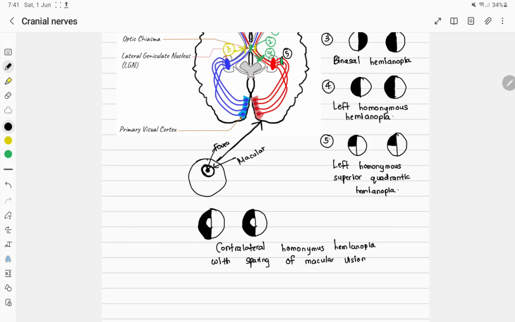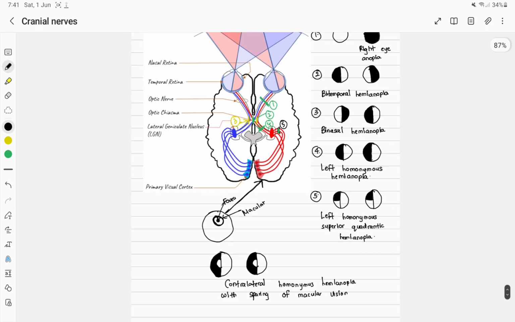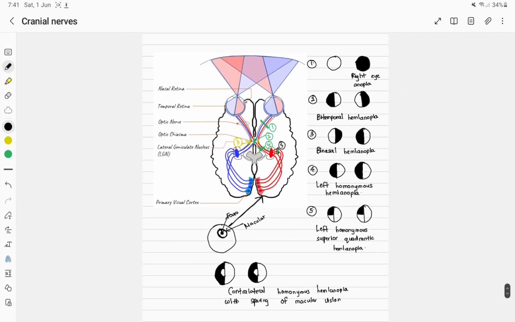So you can see how the visual field looks if there is occlusion of the posterior cerebral artery which supplies one side. Then there is contralateral homonymous hemianopia with sparing of macular vision. So now you can understand or work out what happens if any lesion occurs in the visual pathway and what visual fields are lost.